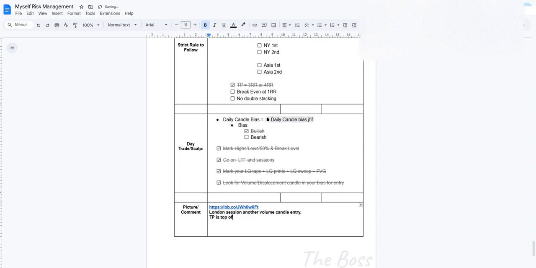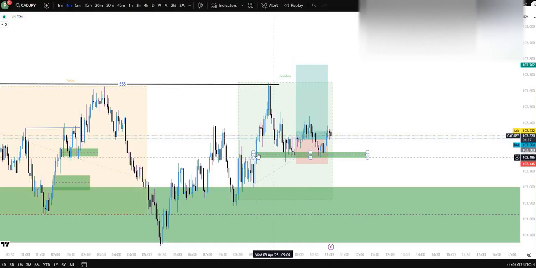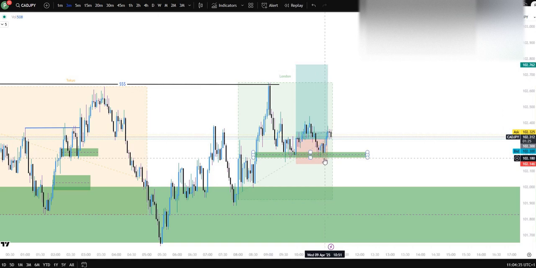TP is above the Asian high. Price respected FVG support and sold below that support. What I mean by that is that this is the support, FVG has been respected, so it is below that.